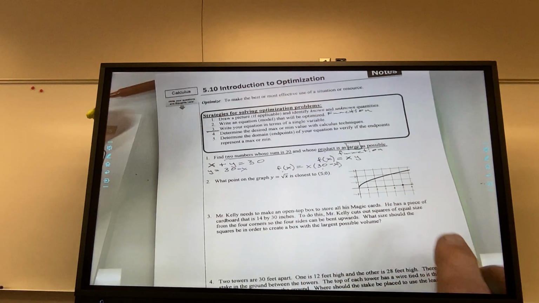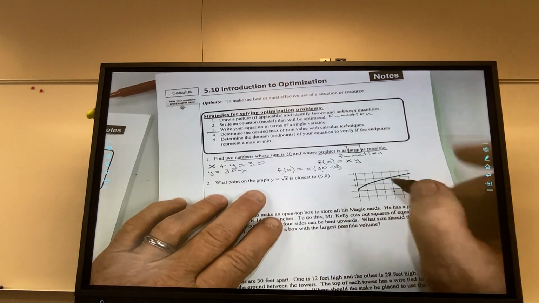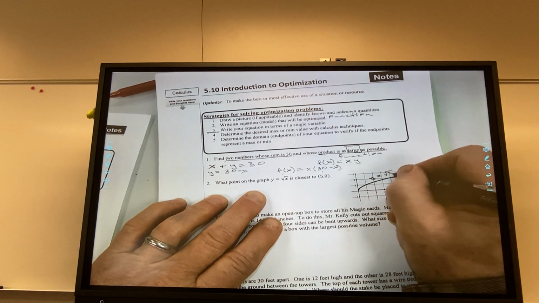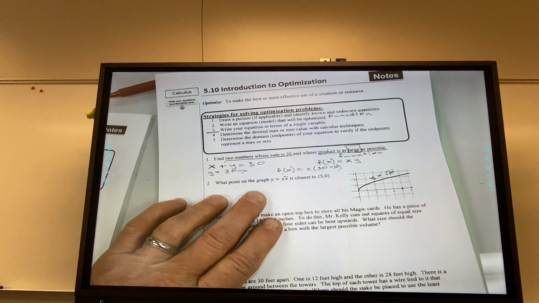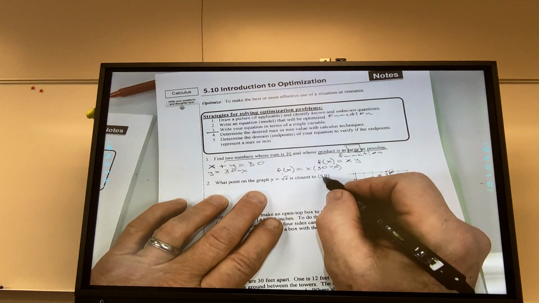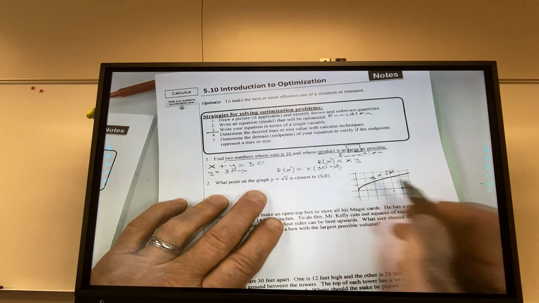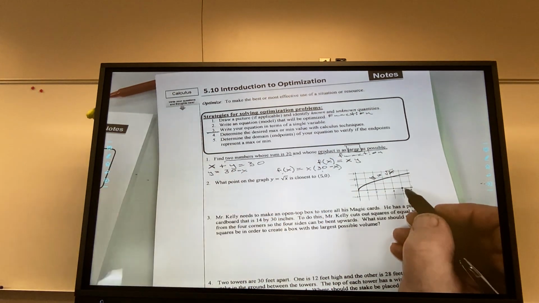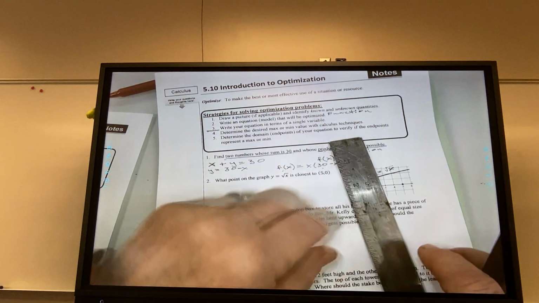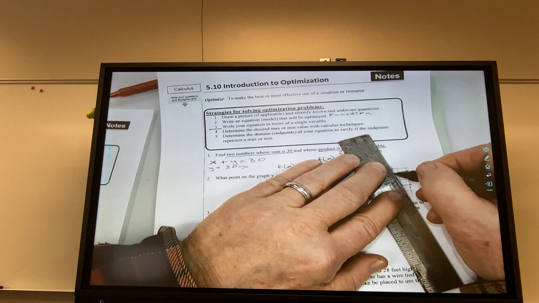Right here, now there's a picture already here. This is the equation y equals the square root of x. And right here's the point (5, 0). And it says, what point on this graph is closest to (5, 0)? Well, what I did is got my ruler and said, well, it looks pretty close if I draw this line right here.